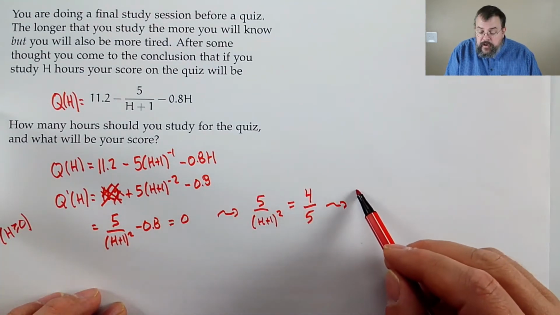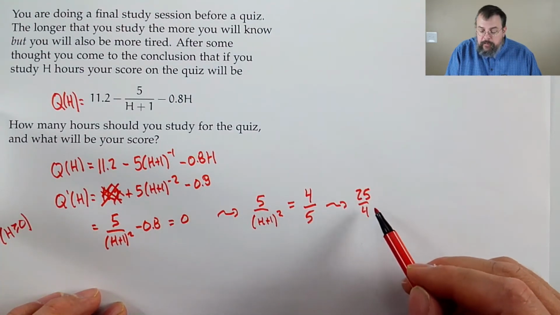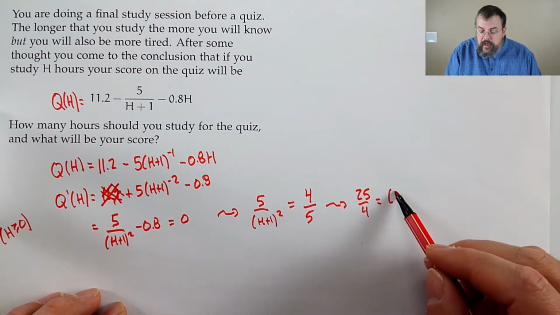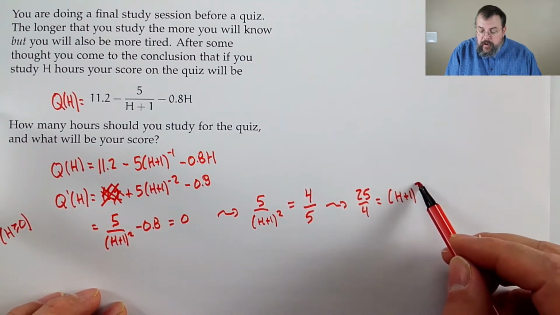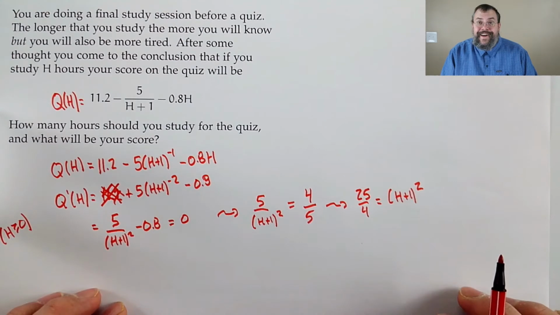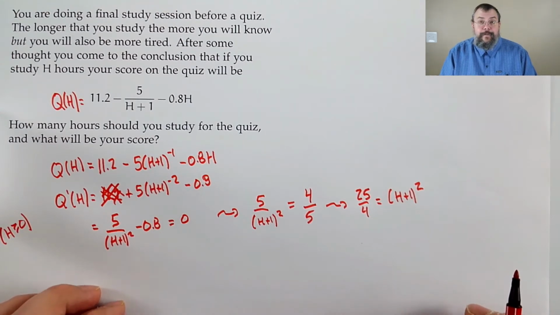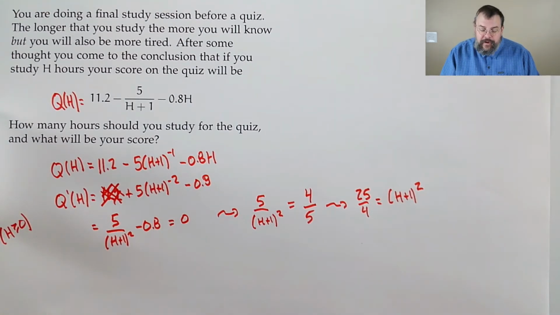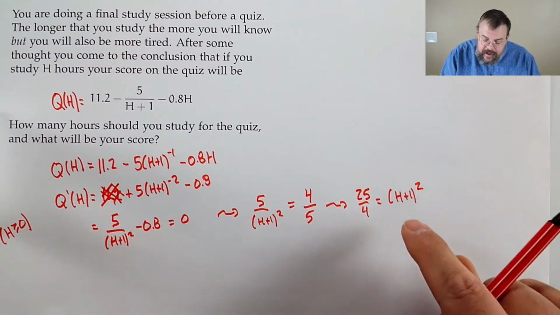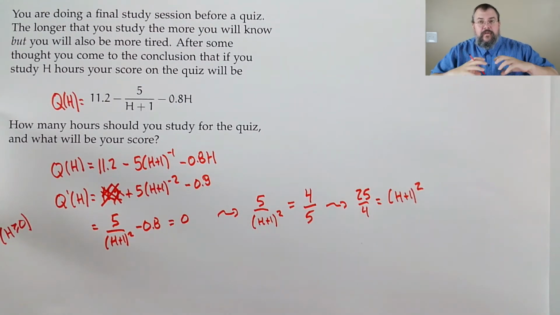So that would be 25/4 equal to h plus 1 quantity squared. All right, now we're almost there. You see, what's our real goal here? Our real goal is to get h by itself. So we're just sort of slowly chipping away and peeling off layer after layer.